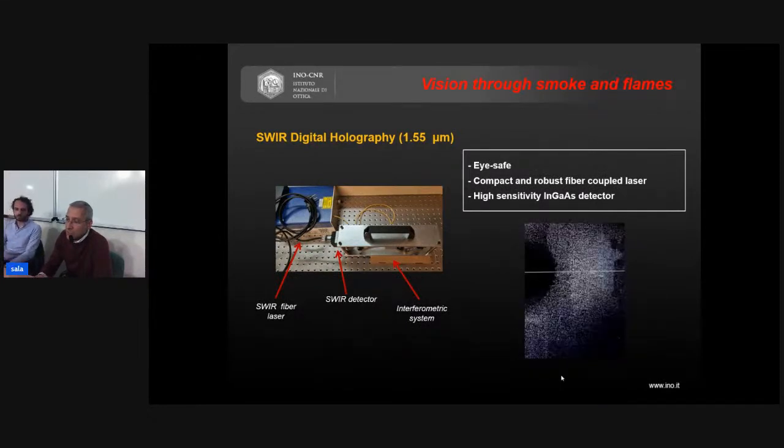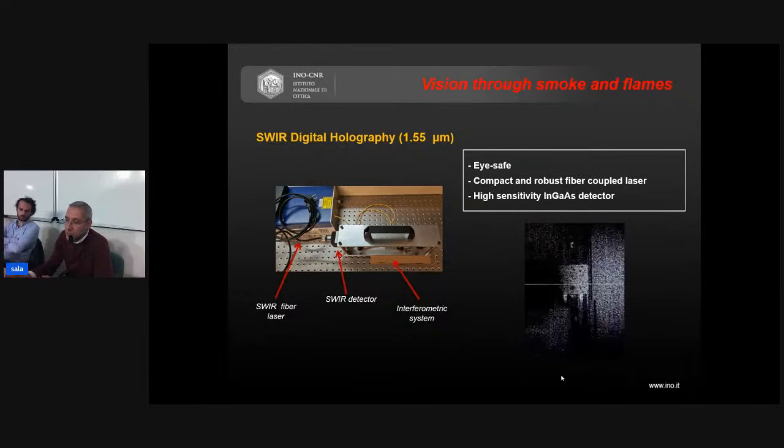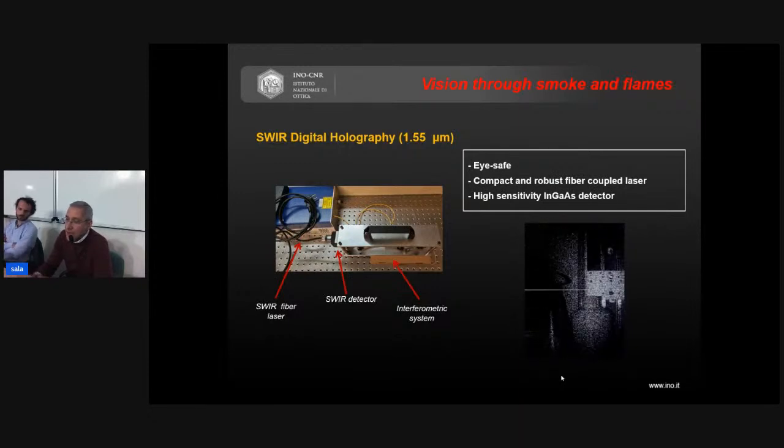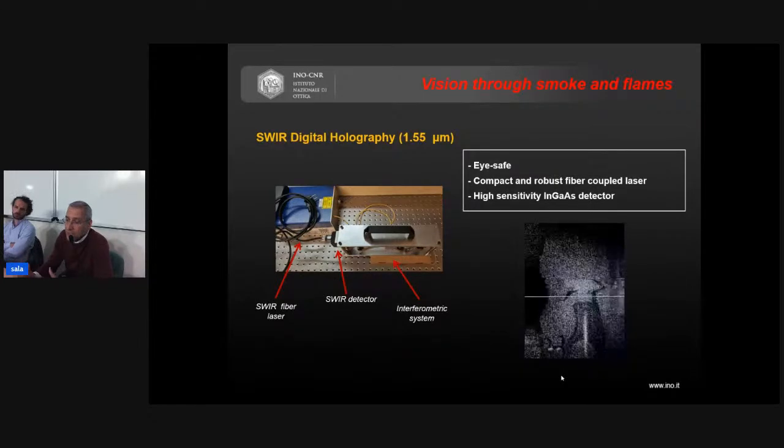First of all, these wavelengths, which are commonly used in communications, are considered relatively safe.